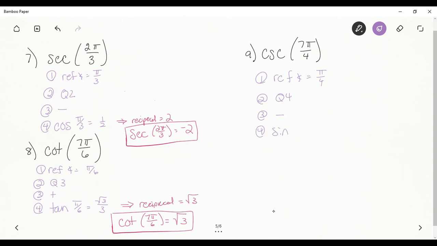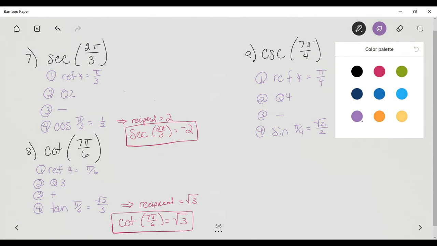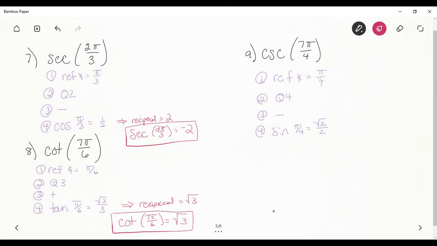And when we evaluate the sine of pi over 4, we get the value of root 2 over 2. Since we're looking for the reciprocal function, the reciprocal of root 2 over 2 is equal to just root 2. So using that and the negative, we determine that the cosecant of 7 pi over 4 is equal to negative root 2.